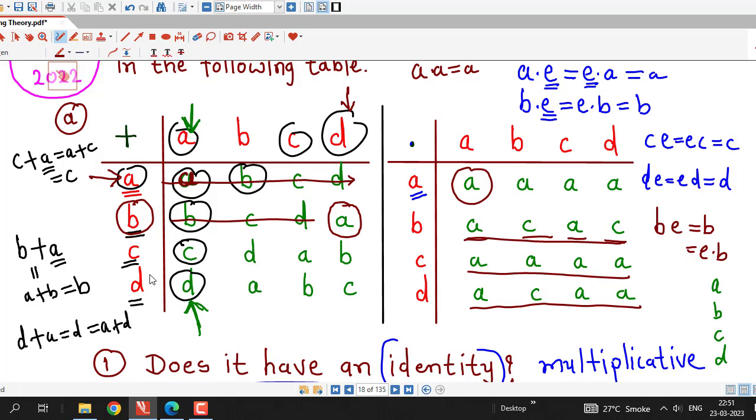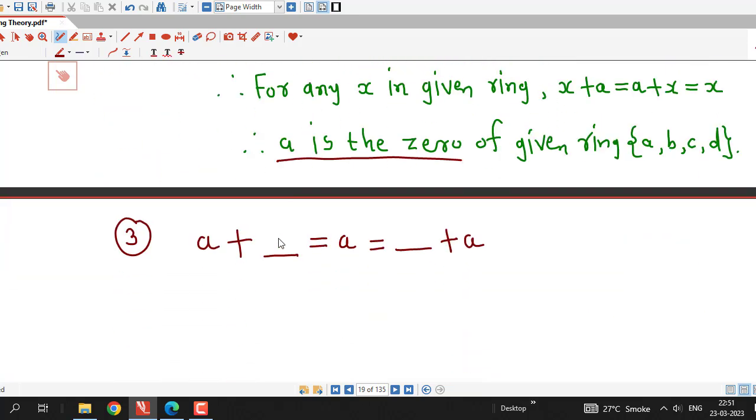So here if we take D plus A, here we have to check for D plus B, because B plus D is A, so I have to check for D plus B. So this is D and B is here, so D plus B is also A. B plus D is A, D plus B is also A. That means additive inverse of B is D and additive inverse of D is B. B plus D equal to 0 equal to D plus B, and A is the self inverse.